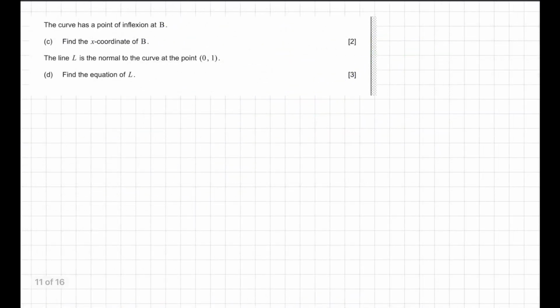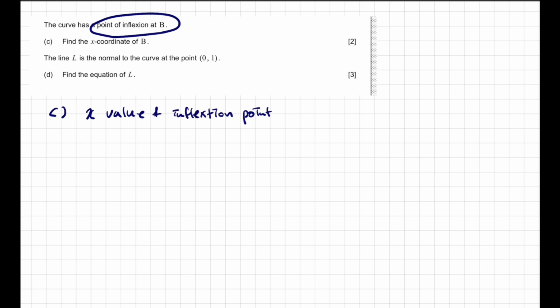So the curve has a point of inflection at point B, and we need to identify the x coordinate for point B. Okay, so that's question C. In order to solve question C, we need to know what this inflection point is, right? So the x value of the inflection point can be calculated when you set the second derivative of the function y equal to 0.